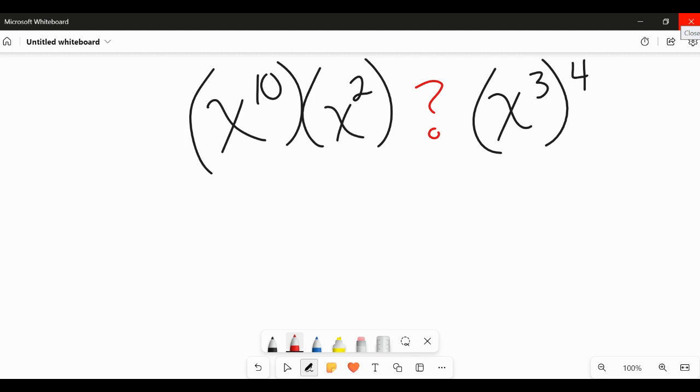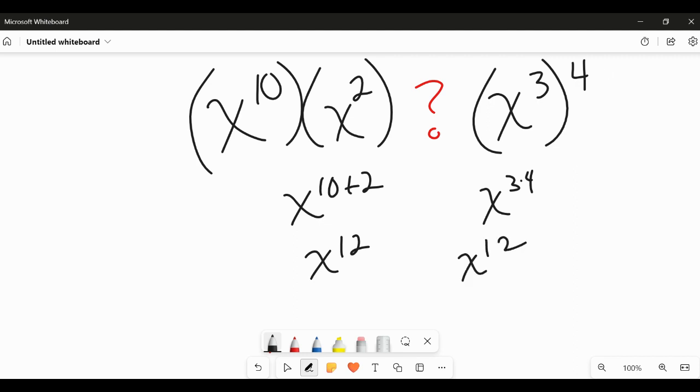Are they equal to each other? Is one greater than the other? Let's see. x to the 10th times x to the second is x to the 10 plus 2, which is x to the 12th. Now let's see this side. Ooh, we've got a power to a power, so we multiply 3 times 4, which is also x to the 12th. So both are fully simplified. They are equal, so your answer would be equal.